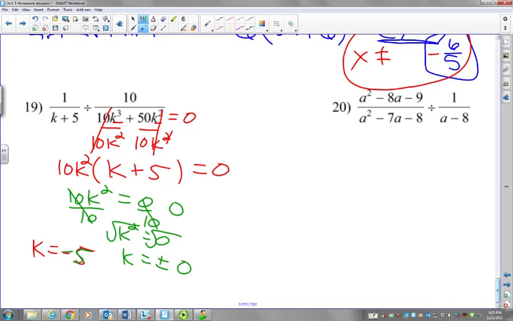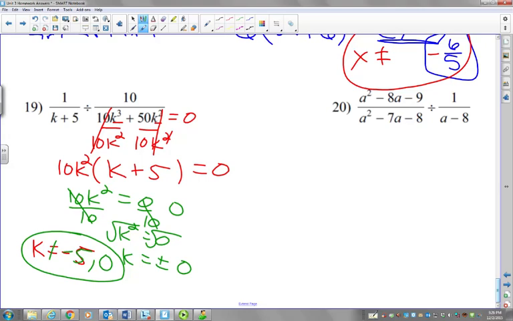So a positive 0 or a negative 0. So 0 is our exclusion there. Careful, k can't equal negative 5 or 0. So there are our exclusions.